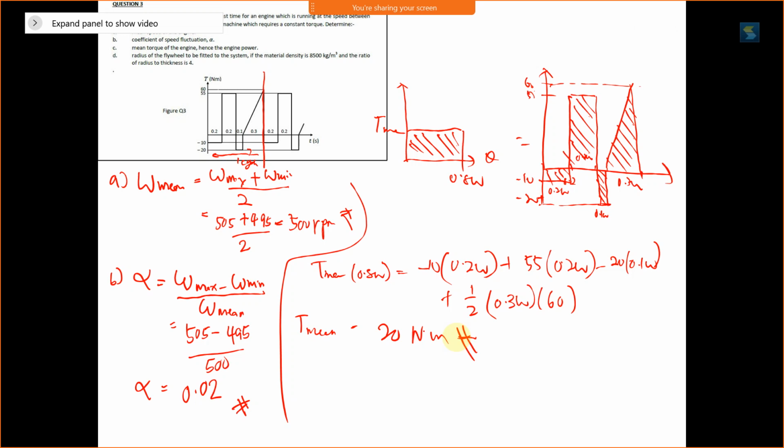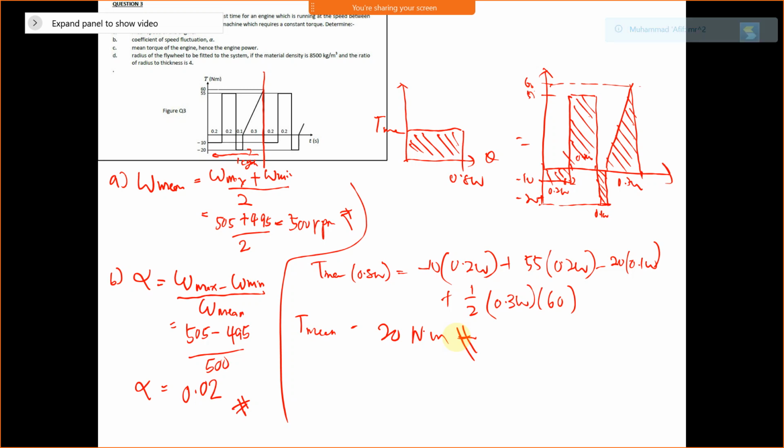our equation of flywheel for mass moment of inertia, what is it? mr square or 1/2 mr square. A flywheel is like a disk too, so actually we can consider it as m 1/2 mr square or just 1 mr square.